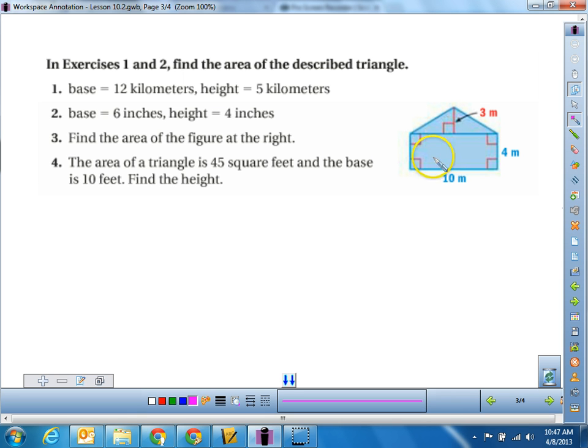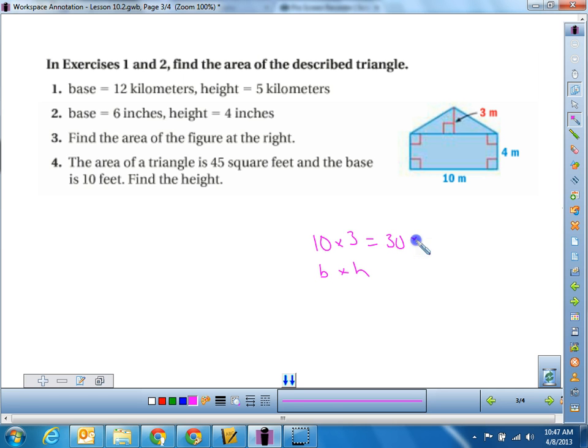Oh, we're on this one, sorry about that. I thought we were on this one. We're going to take 10 times 3, that's our base times our height, and then we get 30.